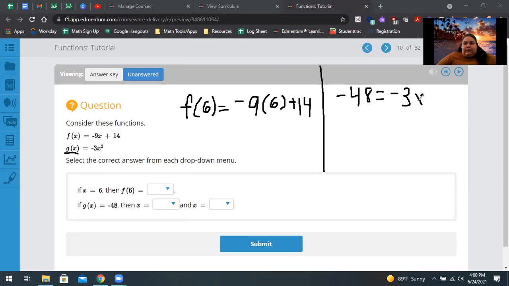If you did the previous tutorial on quadratics and inequalities, you're going to go ahead and solve. Here you'll be dividing by negative 3 on both sides. And don't forget that final step: you want x, not x squared, so you have to take the square root.